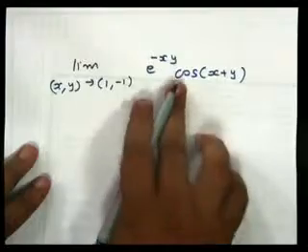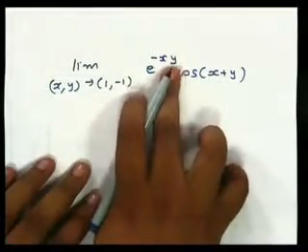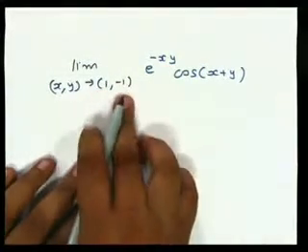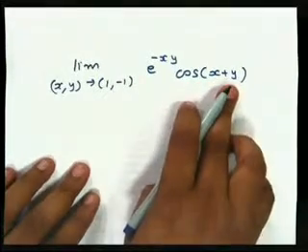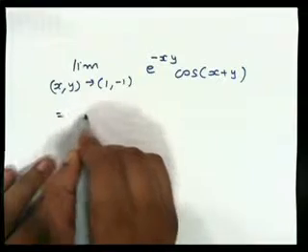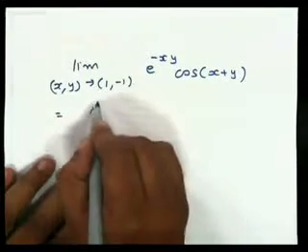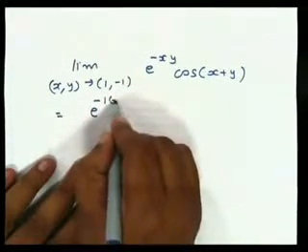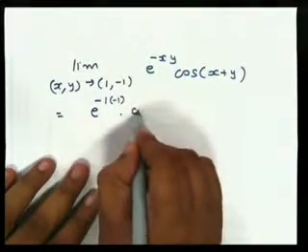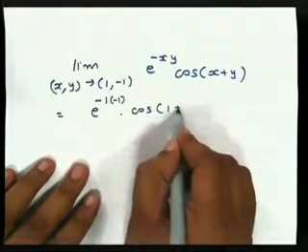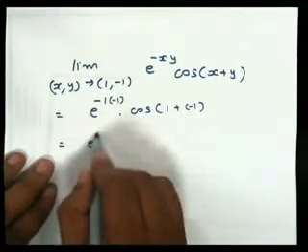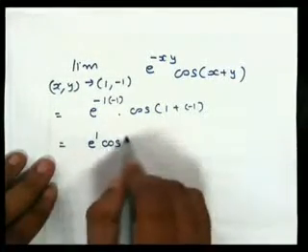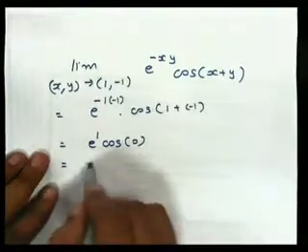Now see here, the exponential function is defined in the neighborhood of 1 and minus 1. There is no problem in cos of x plus y, right? So we can put in the direct limit, that this is equal to e raised to power minus 1 into minus 1 into cos of 1 plus minus 1, right? So this is equal to e raised to power 1 into cos 0, and that is equal to e.